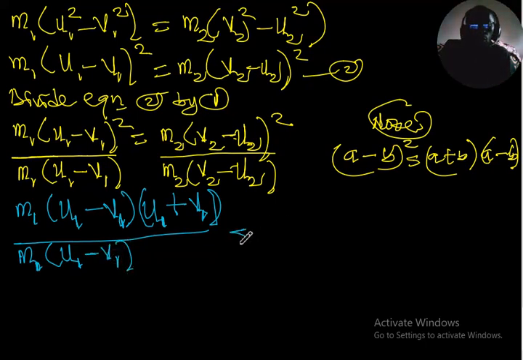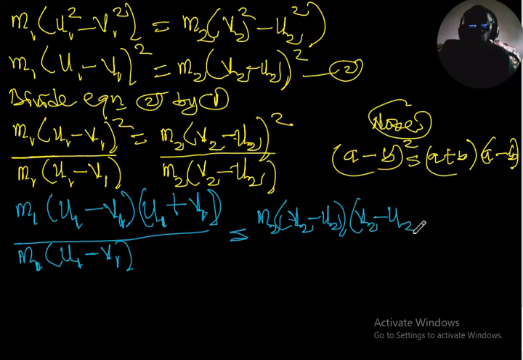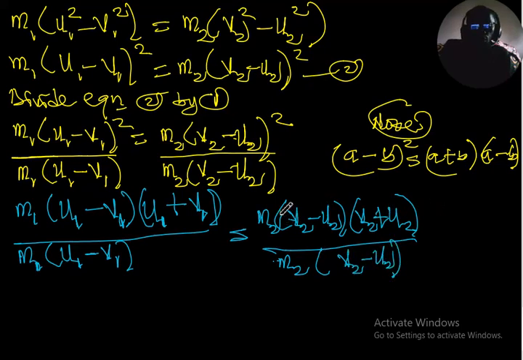Then on the other side we also have m2 (v2 minus u2), and that will be (v2 minus u2) again, and the other side will be positive, over m2 (v2 minus u2).